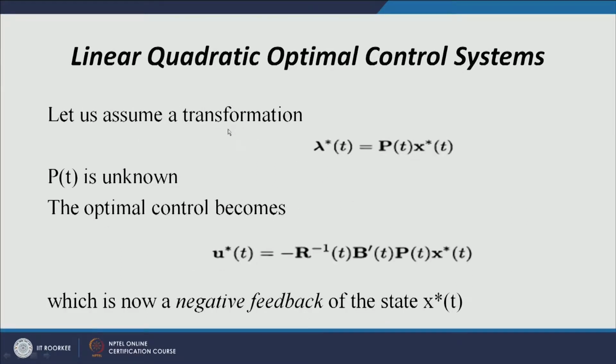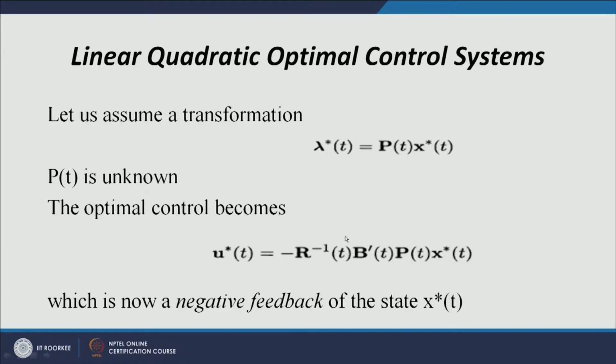So we assume a transformation which gives lambda t as P(t) x(t), where P(t) is an unknown quantity. We have to find the value of P. If lambda is P(t) x(t), then u(t) I can simply write as minus R inverse(t) B prime P(t) x(t).